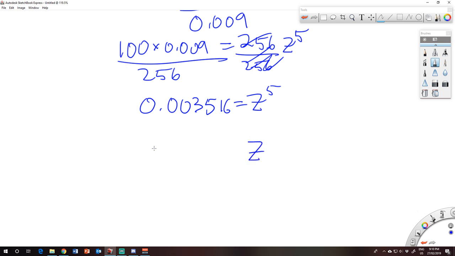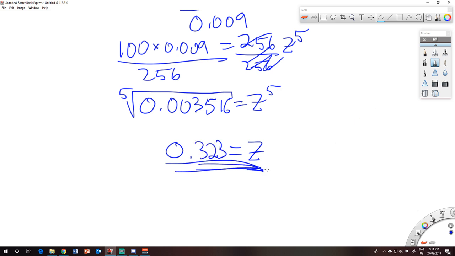Anyways, 5th root of this, and that'll be equal to Z. So the 5th root of this number, 0.003516, taking the 5th root, I get an answer of 0.323. And oh, that'll be in moles.